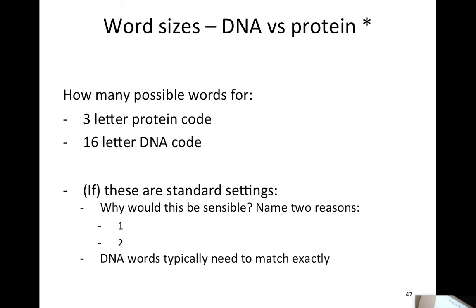So the number of possible sequences you can make with 3 DNA letters is much smaller than with 3 amino acid letters, right? With different powers in there. So to have the same specificity, the same chance of matching, you need a much larger word in DNA compared to the protein sequence.